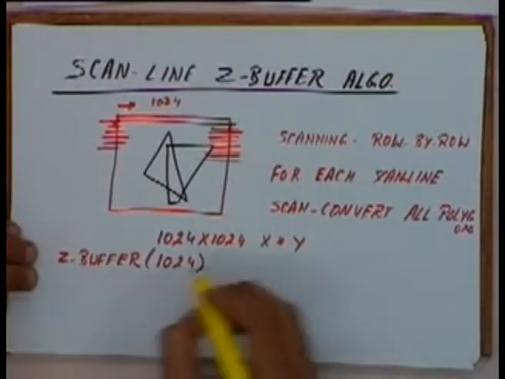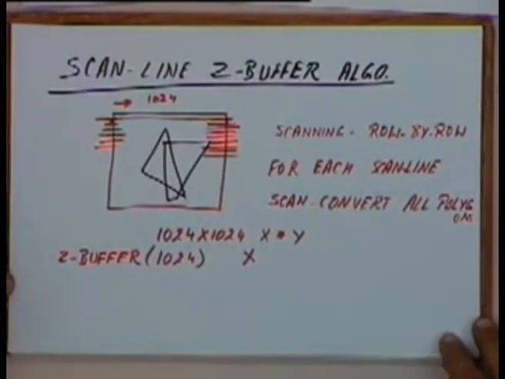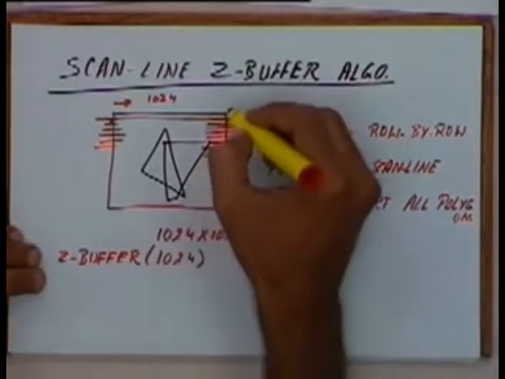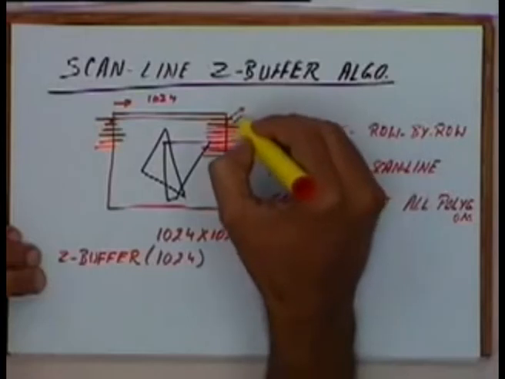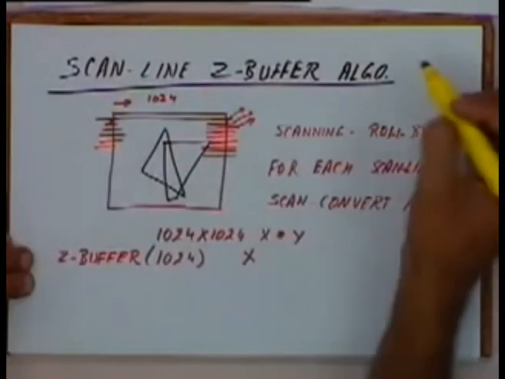Now I use a Z buffer whose size is only x. Using this Z buffer, I'll first scan convert the first row, then the next row, and then the next, and so on. This is referred to as scanline Z buffer.